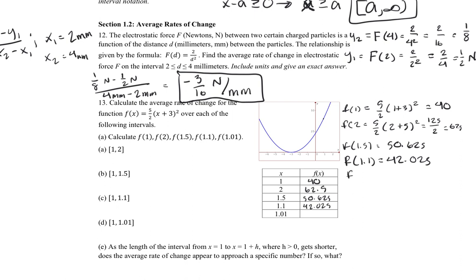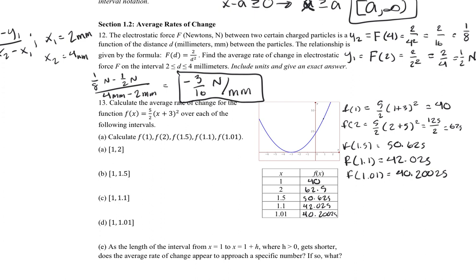And then f of 1.01 is equal to 40.20025. So put that down here. All right, so now we can use these y values to calculate our average rate of change.